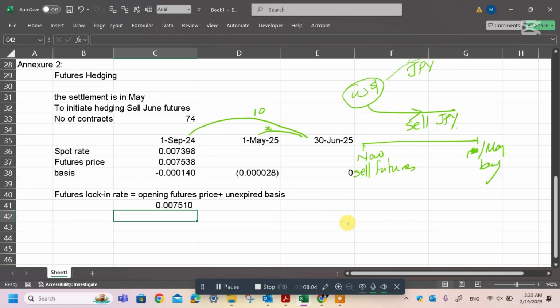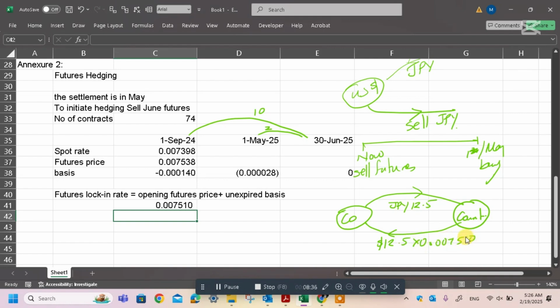74 contracts are there, right? This is the company, Northern company. Let's say this is the counterparty. Effectively, for each contract, this company will give Japan yen 12.5 million. The counterparty will give back dollars at this effective rate. So 12.5 million yen multiplied by 0.007510 would be the amount of dollars the counterparty will give.